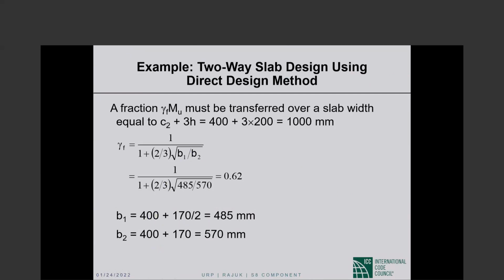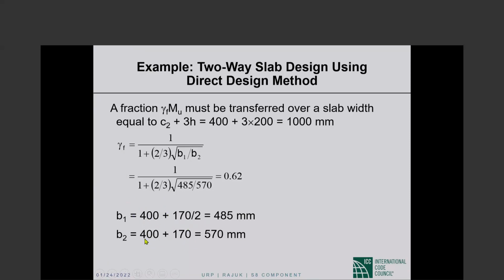So this is an exterior support section. This critical section for shear again is something that has not been discussed. It is tomorrow's topic. But anyway, this is an exterior column. One dimension is the column dimension plus 1/2 of d, the effective depth of the slab.